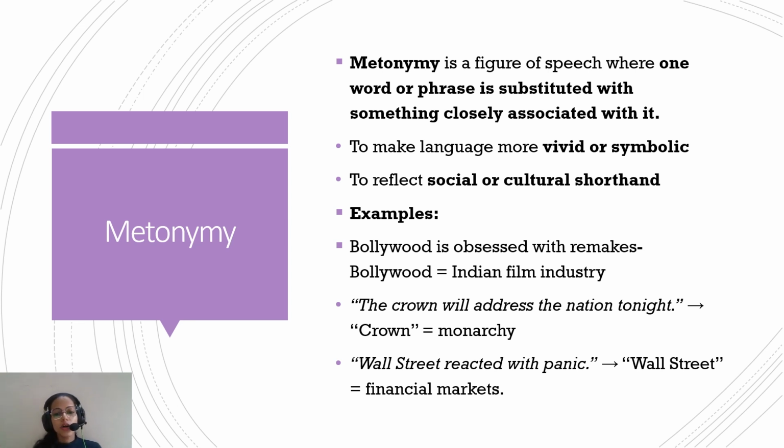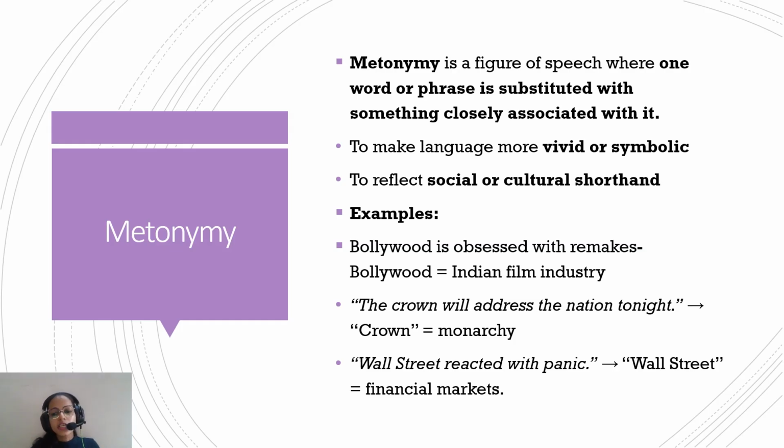So say in the line, Bollywood is obsessed with remakes. Here Bollywood is a word that is used for the Indian film industry. So every time we say Bollywood, it means the Indian film industry. Or the crown will address the nation tonight. Here, a crown will not come and speak. It means the queen or the king, whosoever is ruling the monarchy.